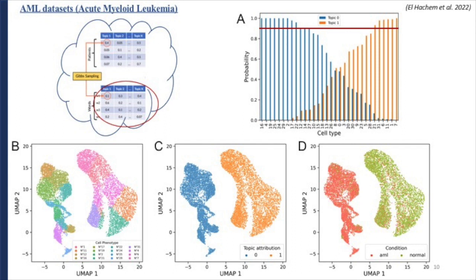And when we highlight the cells based on their condition, we found that on the left we have mostly cells that come from AML patients, while on the right we have only cells from normal patients. And so here what we found is that AML patients are associated to cells involved in topic number 0, and topic number 0 is associated to different phenotypes of cells.